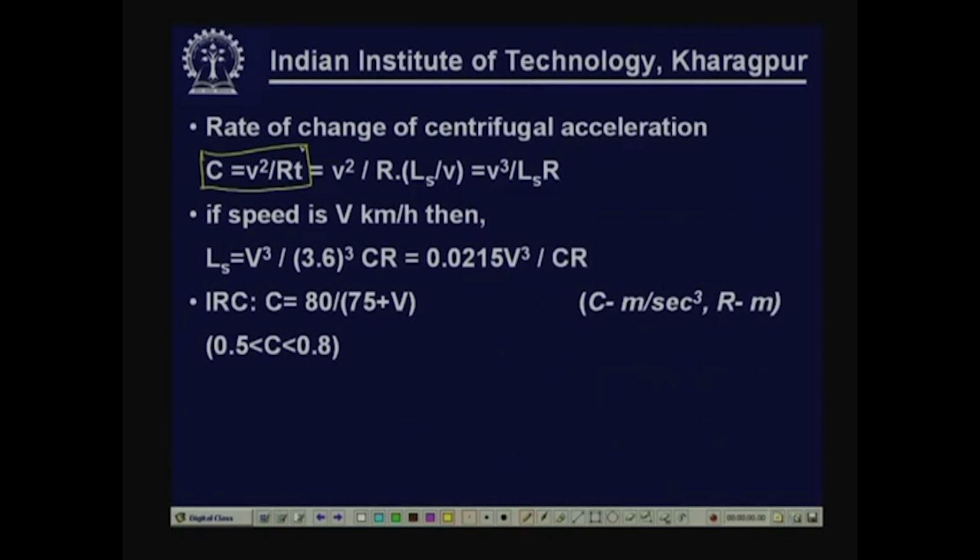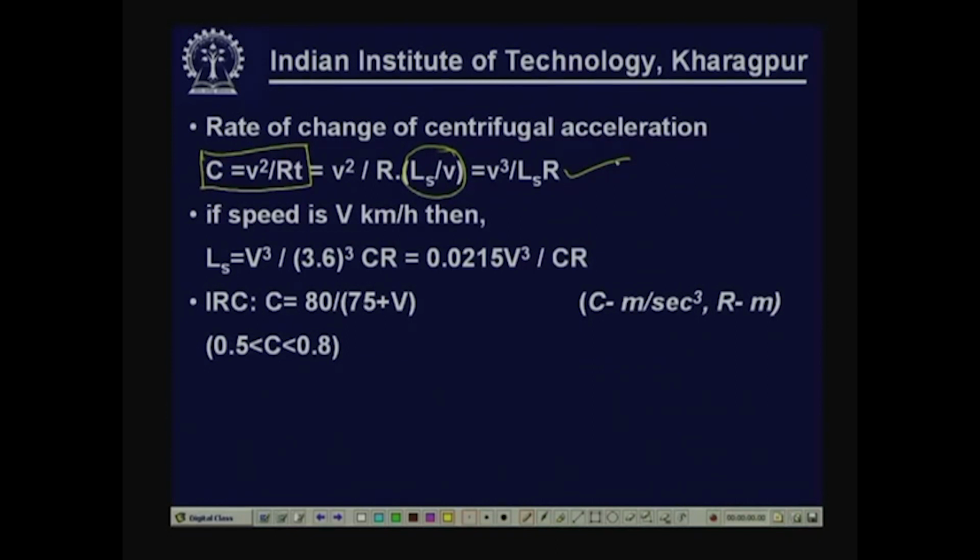Now, t itself is nothing but Ls by V, because the time taken to traverse length Ls with speed V is Ls by V. Therefore, V square by R into V by Ls, that is nothing but V cube by Ls R.